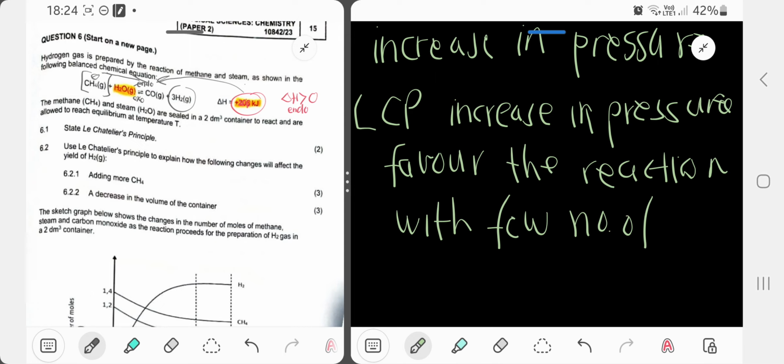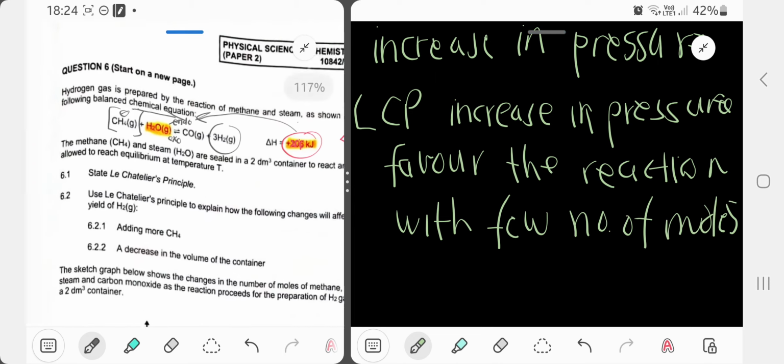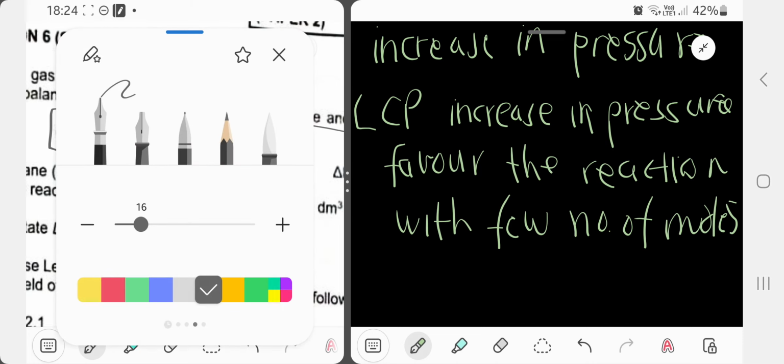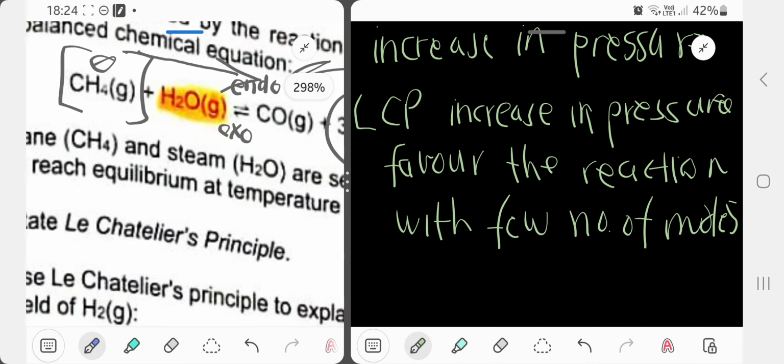And the number of moles does not necessarily mean we have to calculate the number of moles using n equals m over M or CV. Not like that. We're talking about the balancing coefficients of these guys. So we can see that we have 1 mole of CH4 and 1 mole of water gas, or H2O.